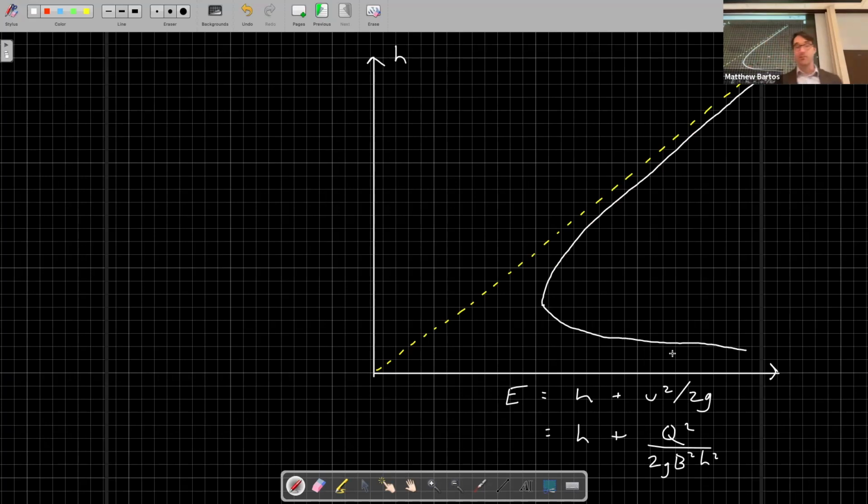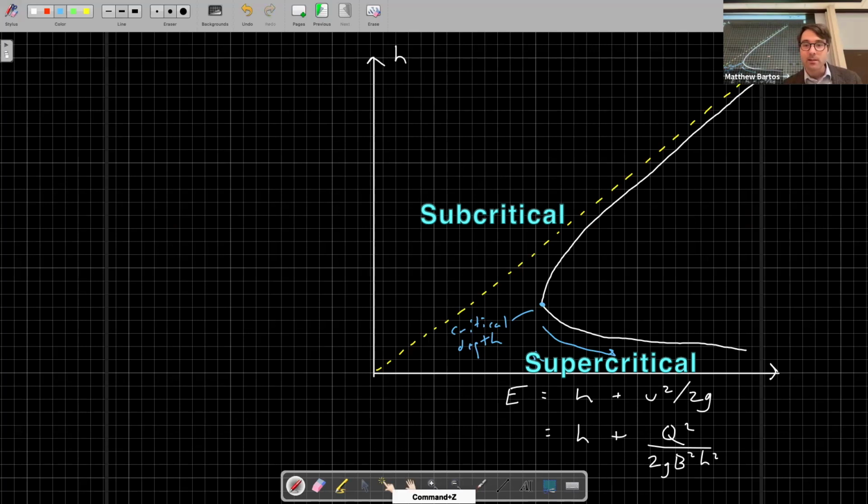So remember, we have here our critical depth. Everything above that point is subcritical. Everything below that point is supercritical. Everything below here is supercritical. Everything above is subcritical.